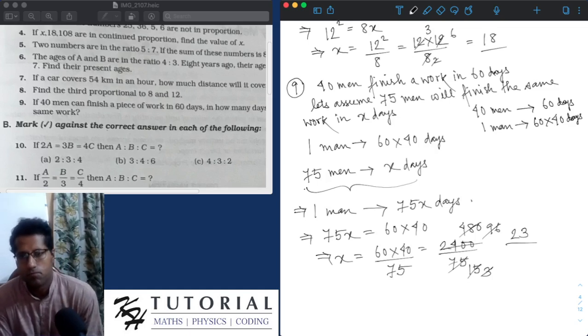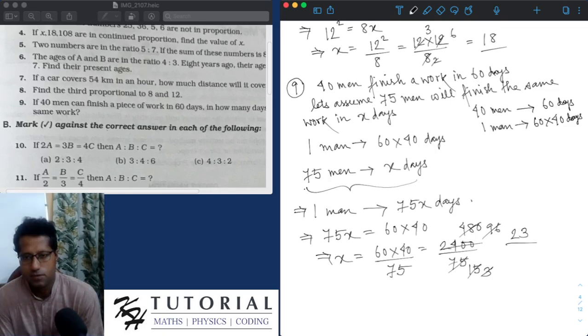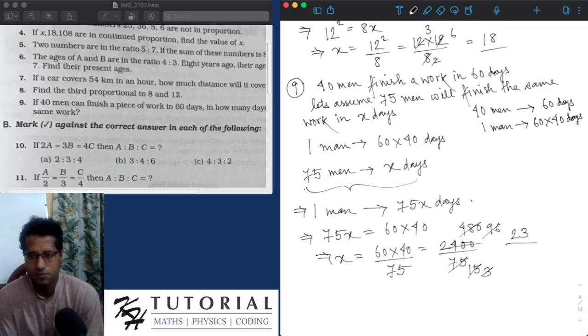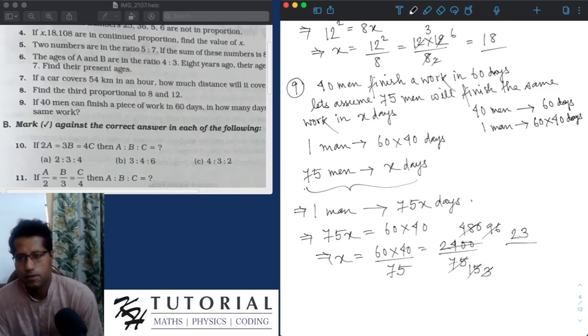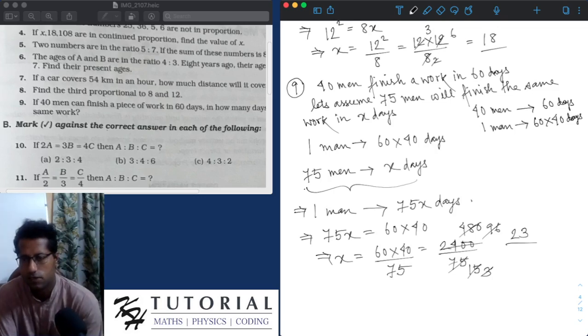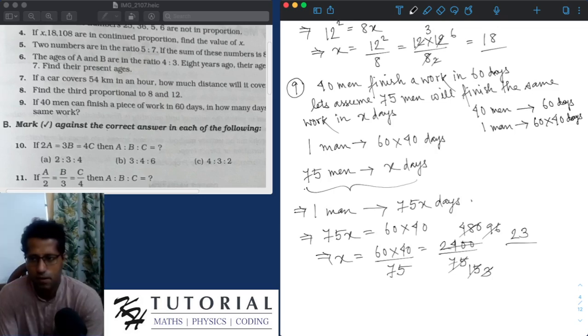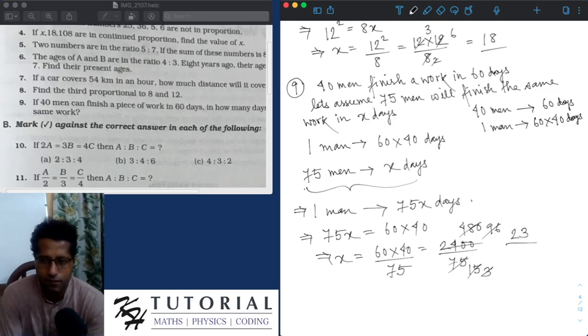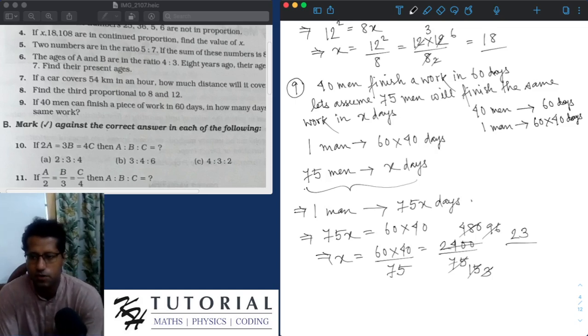Now, the idea was to identify the ratio which remains the same. That ratio probably I could not explain well enough, but the way I solved this problem is that it is given 40 men do the work in 60 days. From here, I got the result that one man will complete the same job in 60 into 40 days.